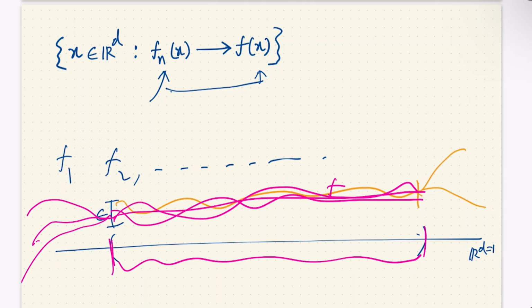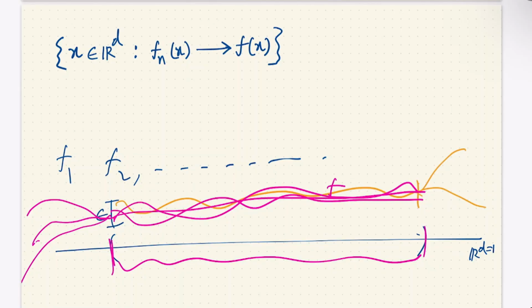So that is what I wrote here. Thus, some collection of x's, the domain where we get convergence to f of x. So what are all those points in our domain? The points of pointwise convergence, where f_n of x converges to f of x. That is the set.